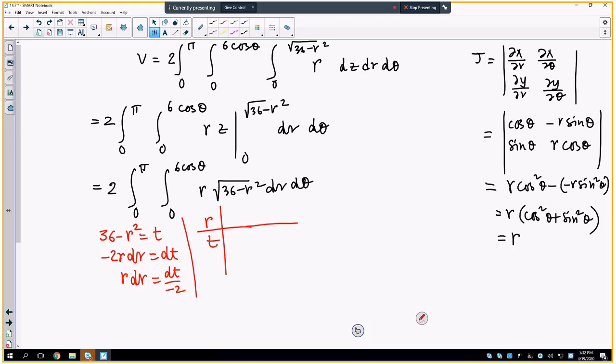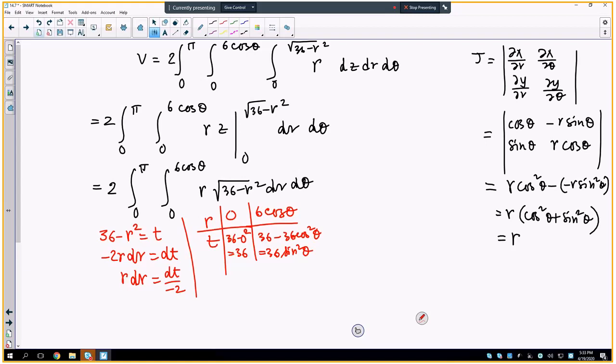R can be 0 or it can be 6 cosine theta. If you put r equal to 0, you get 36 minus 0 squared, which is 36. If you put r equal to 6 cosine theta, you get 36 minus 36 cosine squared theta, and you factor out 36, you get 36 sine squared theta. So these are the new limits for your variable t, and you will rewrite this integration one more time.